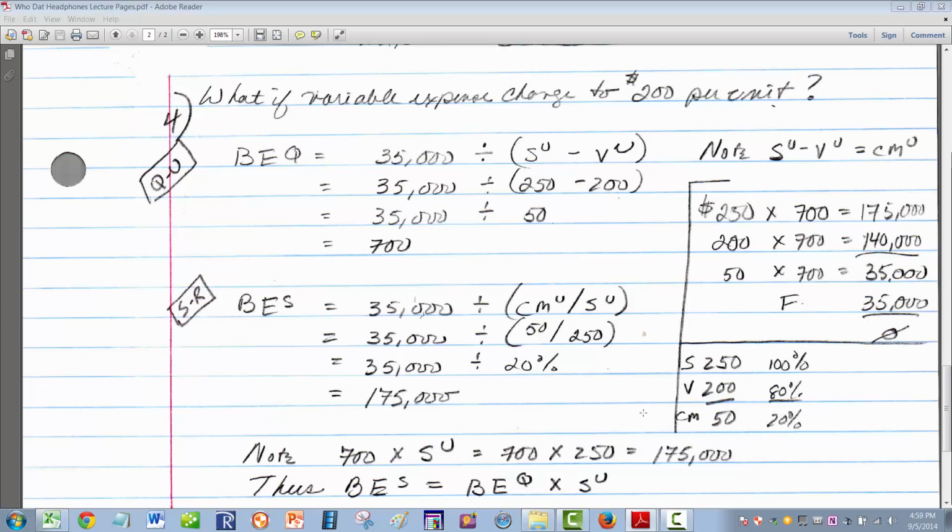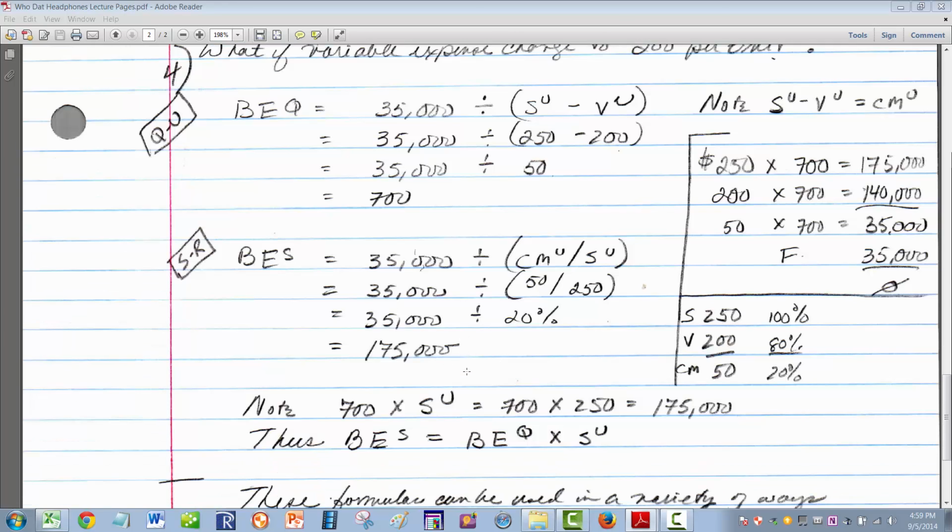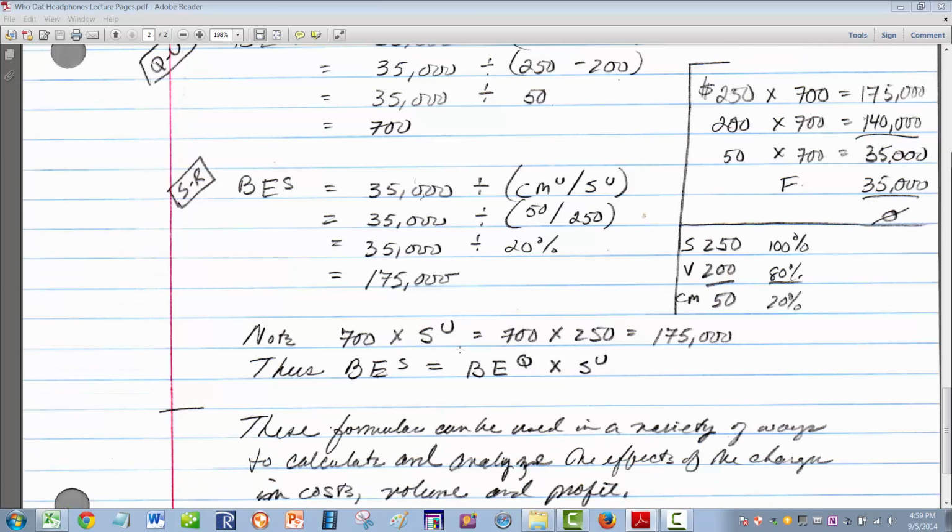A variety of ways that you can calculate that, and you can see now that your break-even sales are $175,000. So when your variable expenses go up, it's going to have a much larger effect on your company than if your fixed expenses go up.